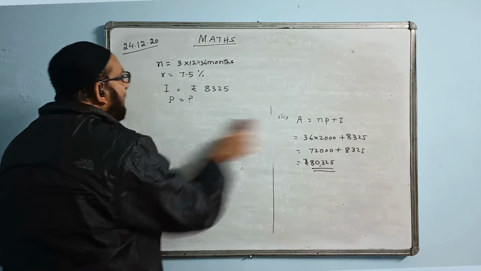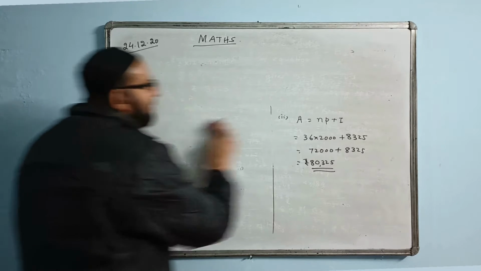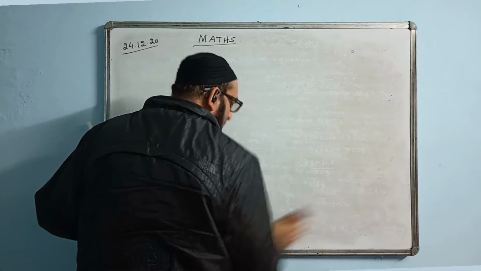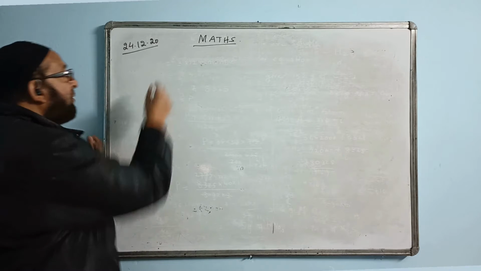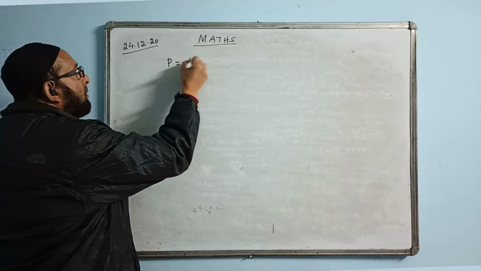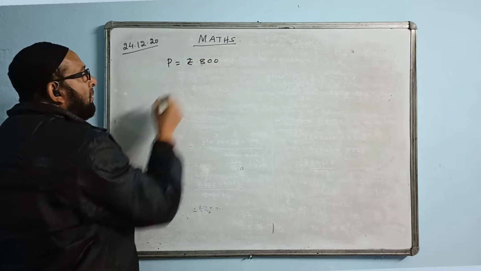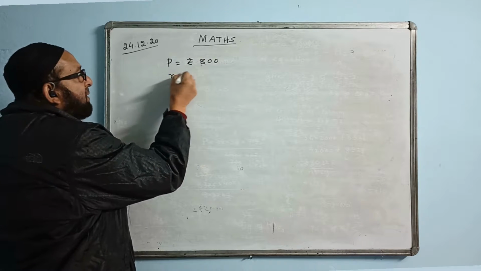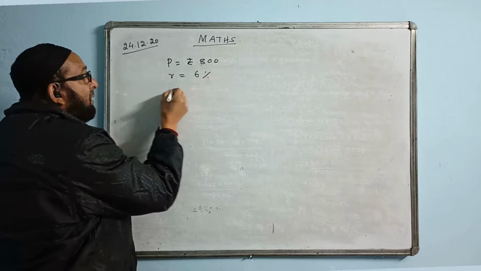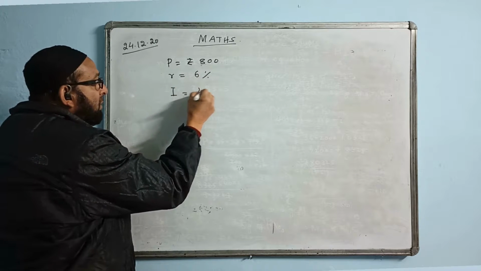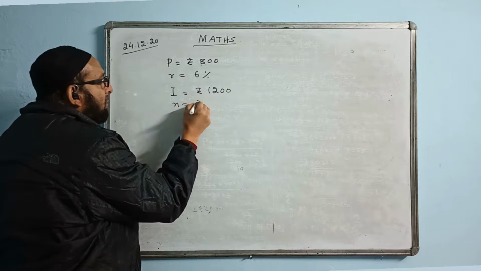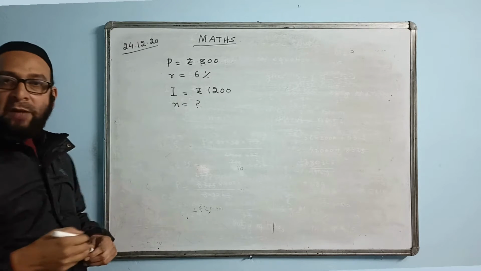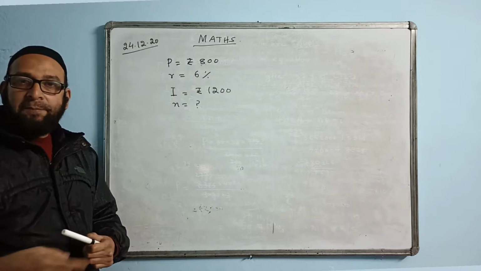Let us write down the information as provided in the question. Monthly deposit is how much rupees? 800. Write down P equal to rupees 800. Rate given 6%. Interest is given as rupees 1200. N is question mark. N is unknown. Time is unknown. We have to find the value of time.